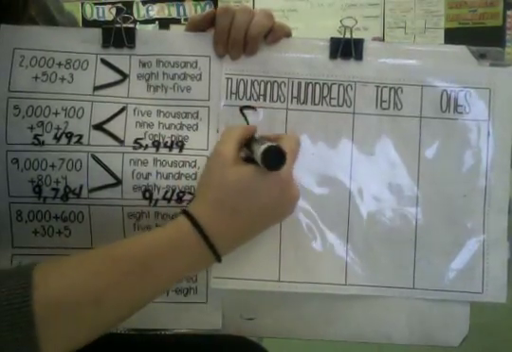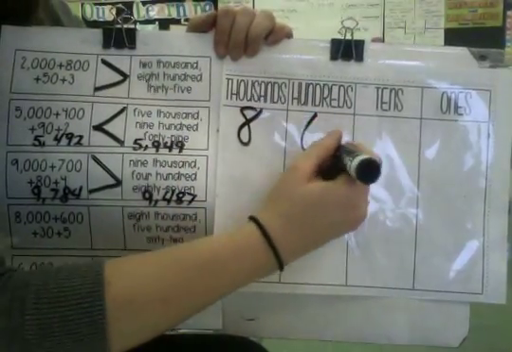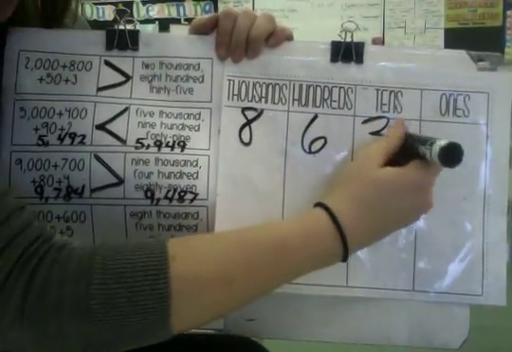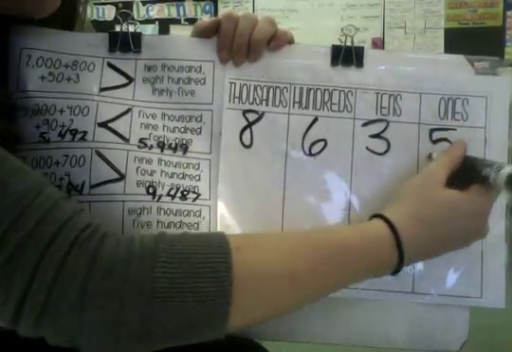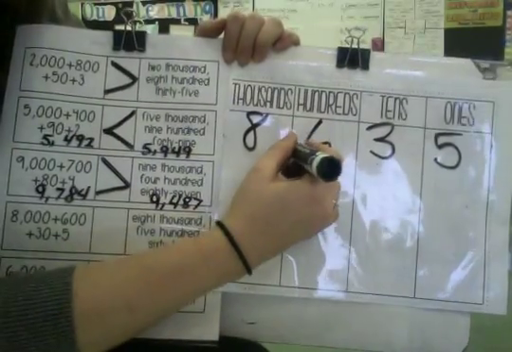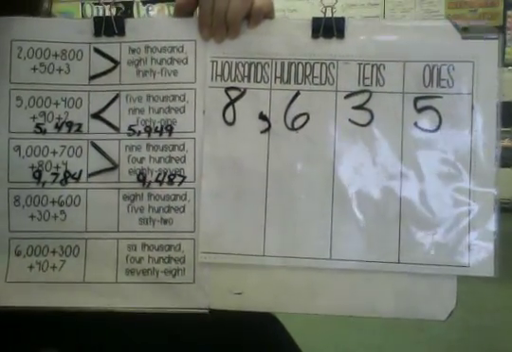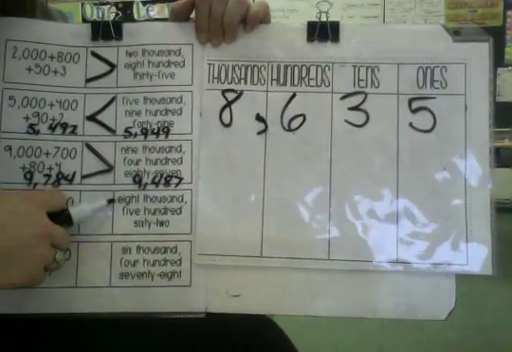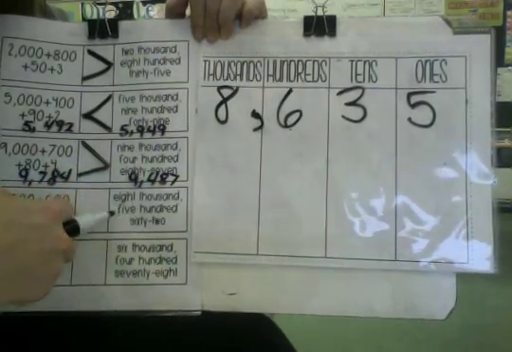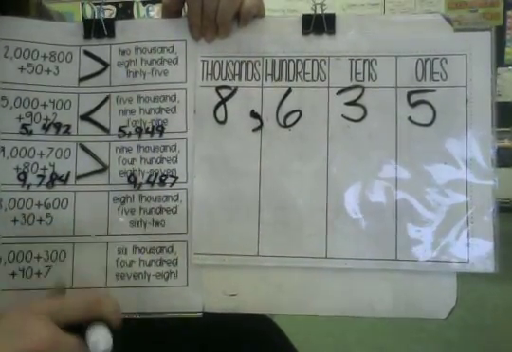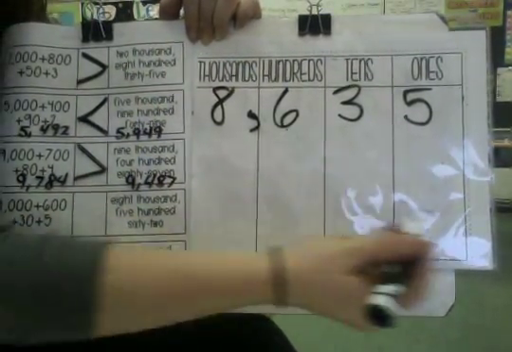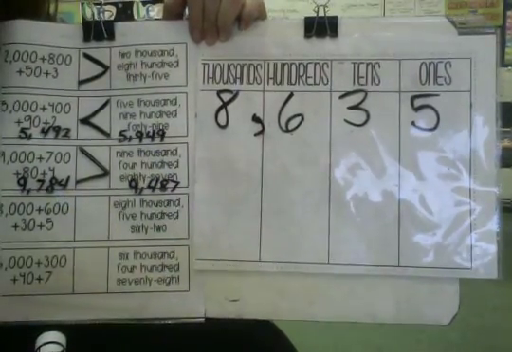Did you say that there were 8,000s, 600s, 3 10s, and 5 1s? And did you also remember your comma? That's what that number looks like in standard form. Let's go next door and read. 8,562. Put that number into your boards, please.